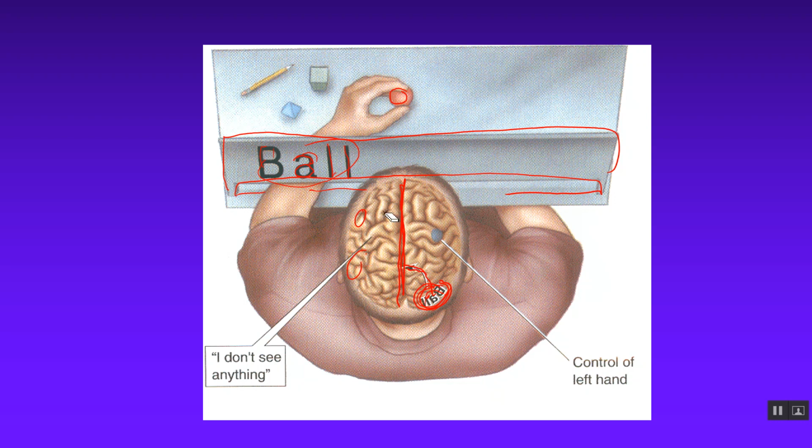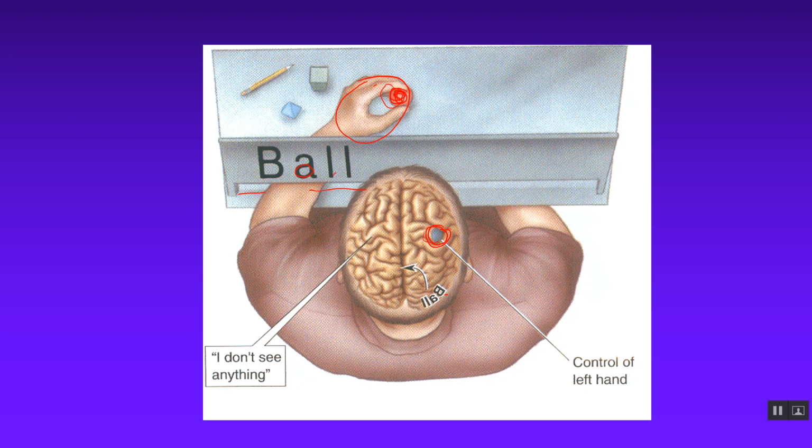And then it's kind of the same thing with an object. They'll maybe put an object in here and say, hold on and manipulate the object with your left hand. So they're manipulating this object. Tell me what the object is. All the information goes over to the right primary sensory area and secondary sensory areas.